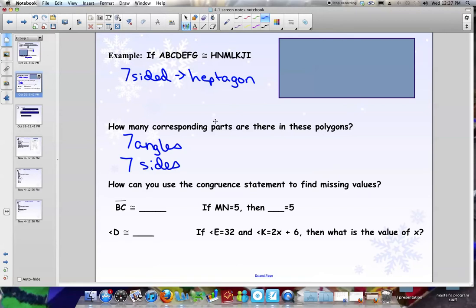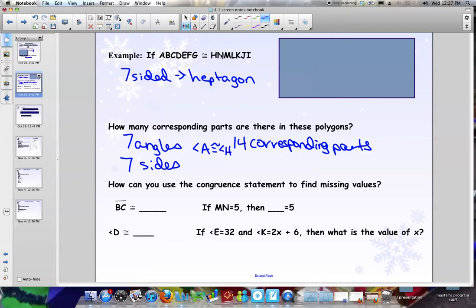So how many corresponding parts are there in these two polygons? There are 14 corresponding parts. Can you name them all? As an example, angle A would correspond to what? Angle H. And you could go right on down the line.